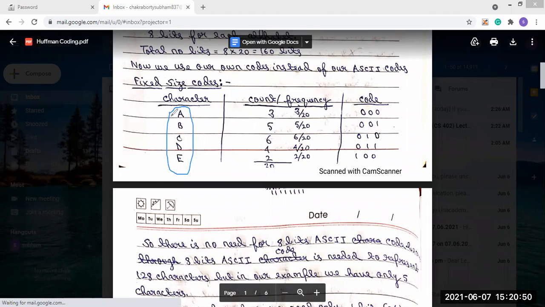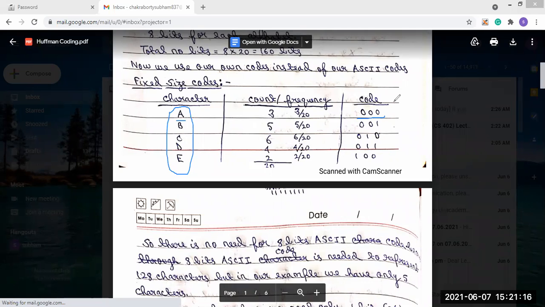So let's assume that capital A is 000. So we are using now only 3 bits. So instead of 8 bits, now we will use the 3-bit code. We are assuming that capital A is 000.